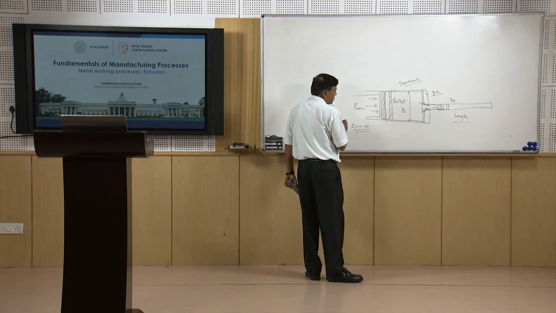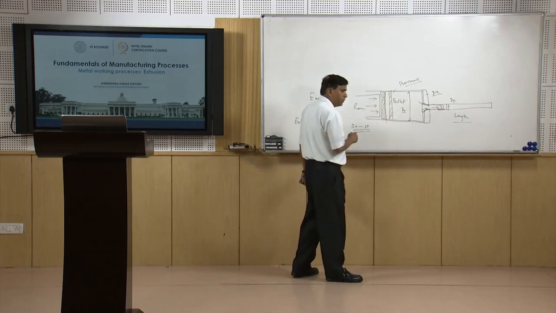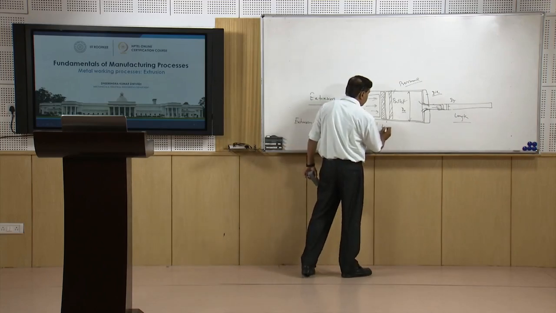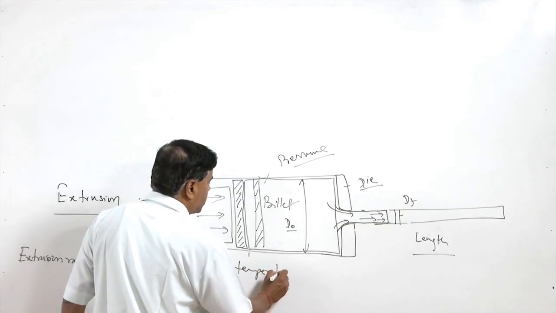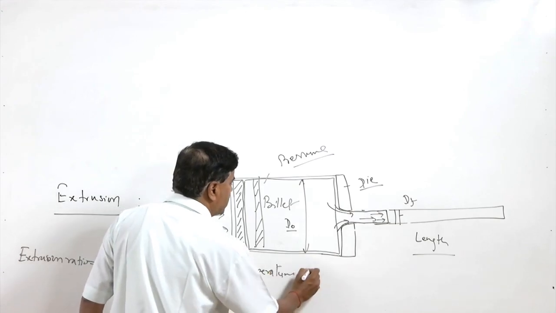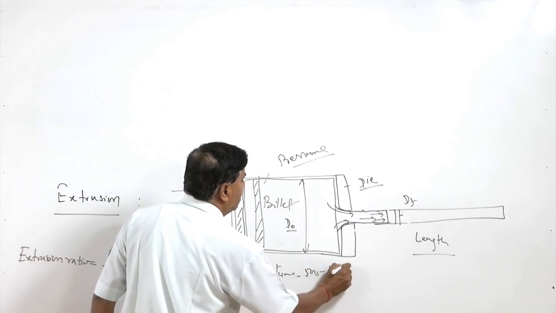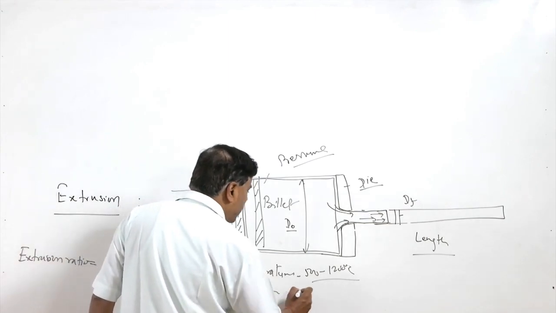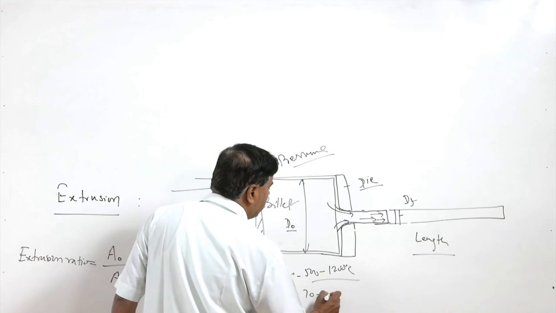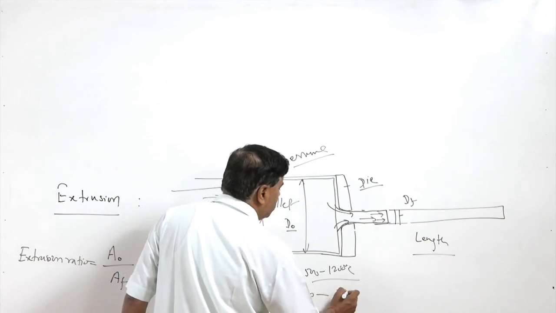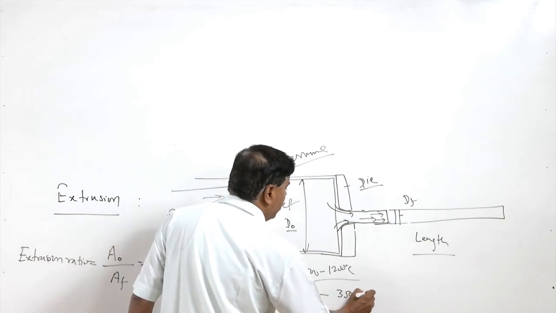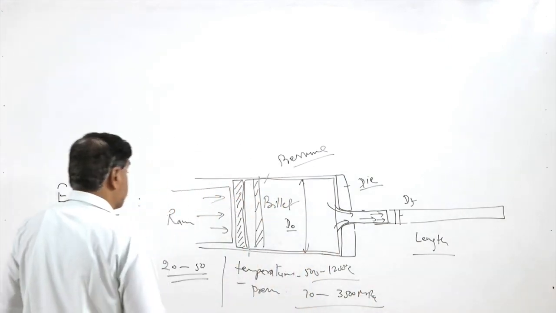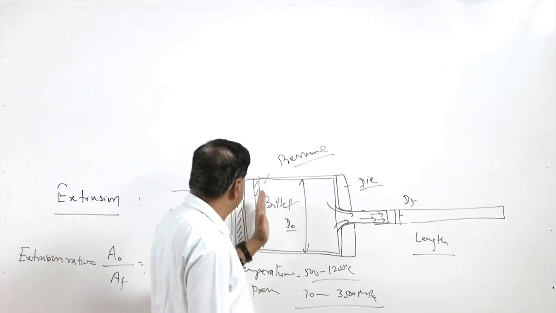Although the process can be of hot or cold working type, normally, depending upon the metal, extrusion is carried out at say 500 to 1200 degrees centigrade, using very high pressure ranging from say 70 MPa to 3500 MPa.